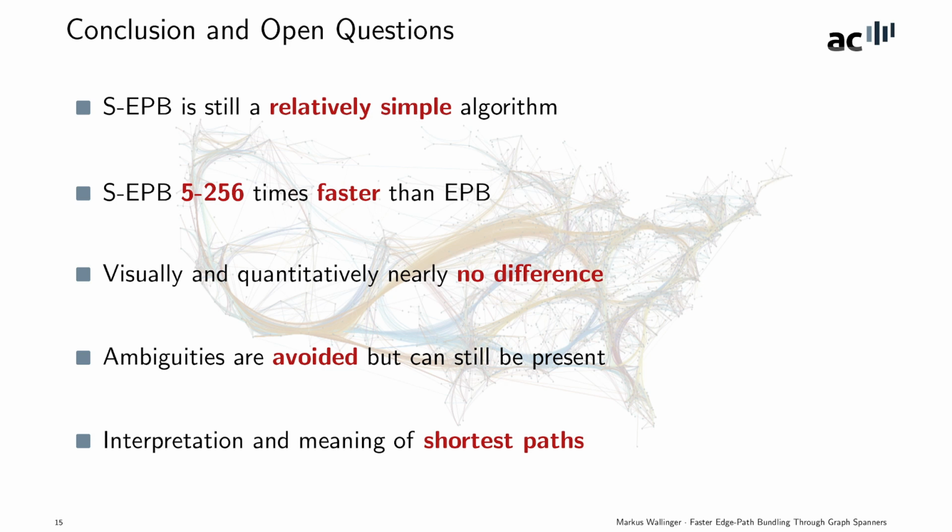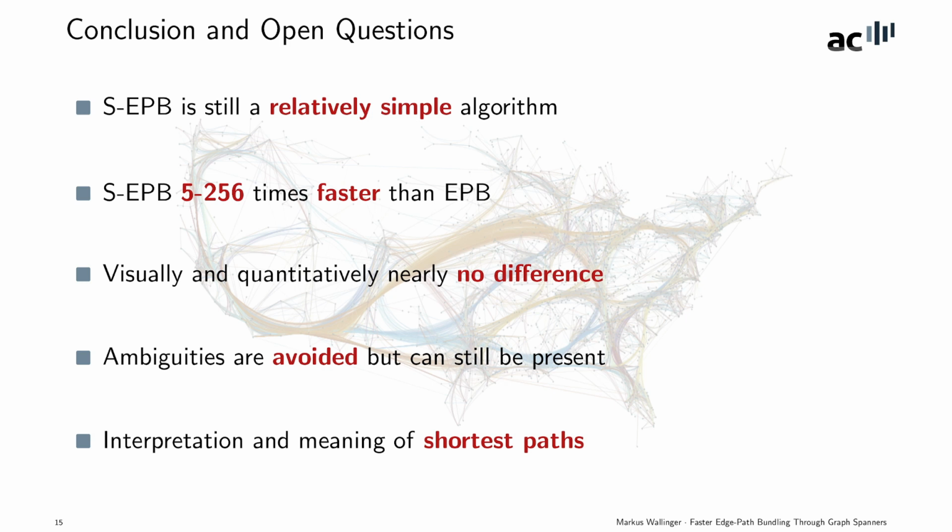However, there are still some limitations with this work. Namely, ambiguities are avoided but can still be present. For example, if two unconnected components are in close proximity, their bundling might indicate that both components have a connection which is not present in the data, and therefore the drawing is not faithful.